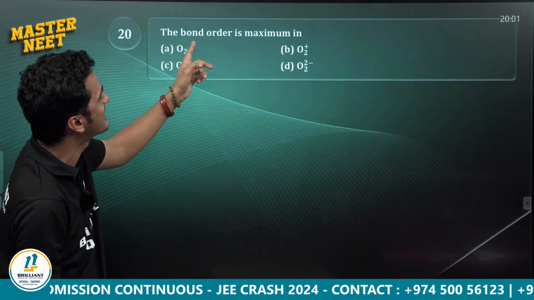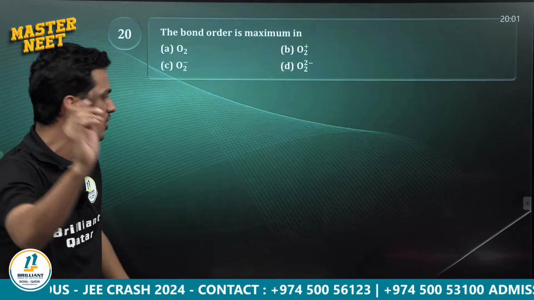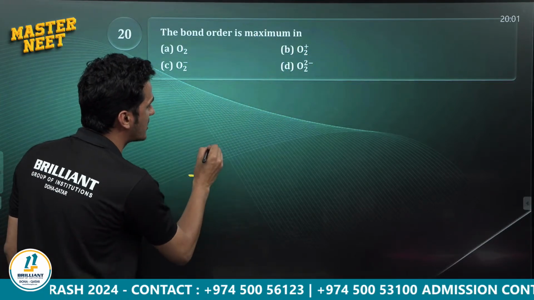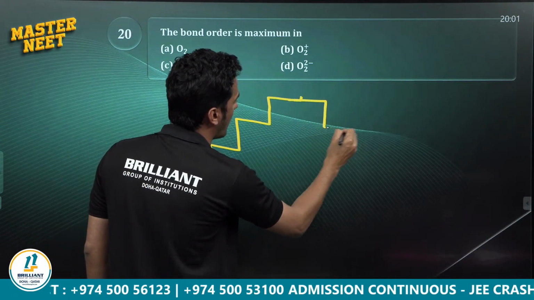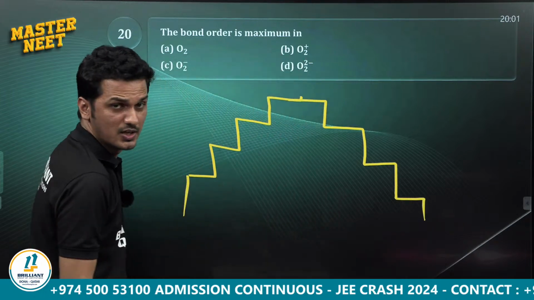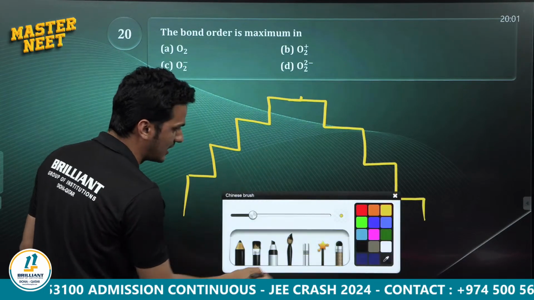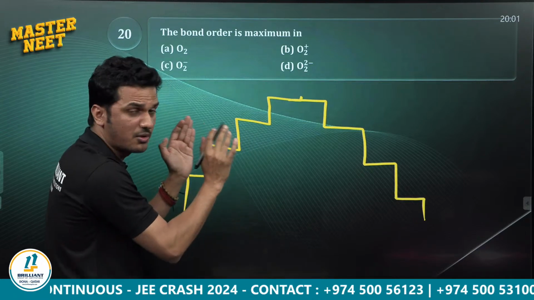Next question: the bond order is maximum in. That also I already taught you, one simple technique, like this pyramid. I hope you remember. Those who didn't attend the class, please listen to me very carefully.